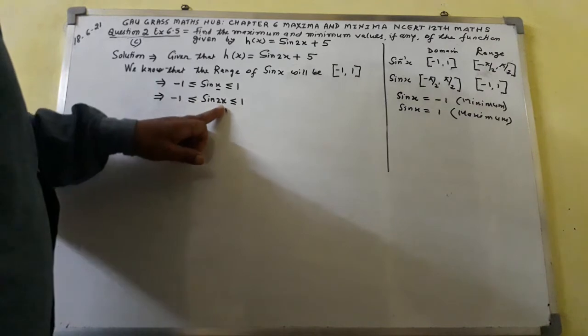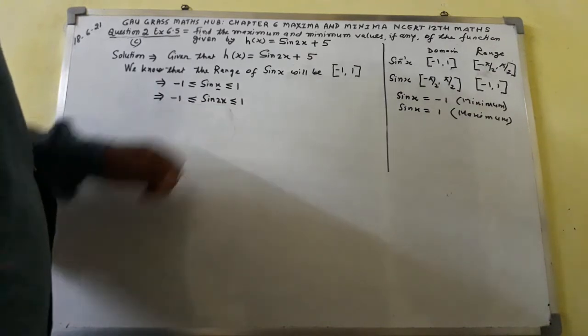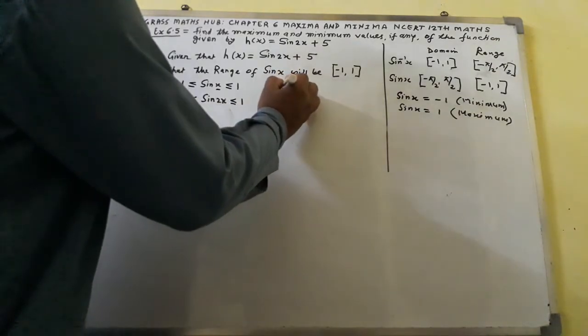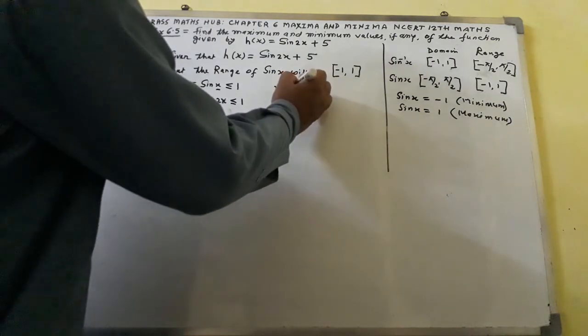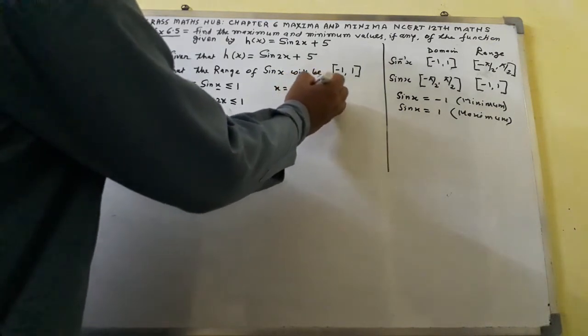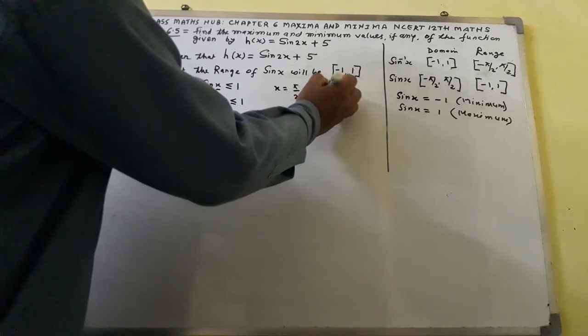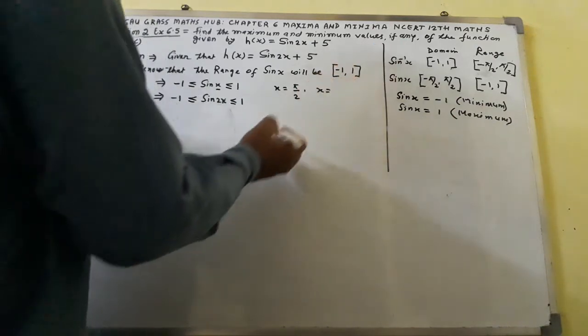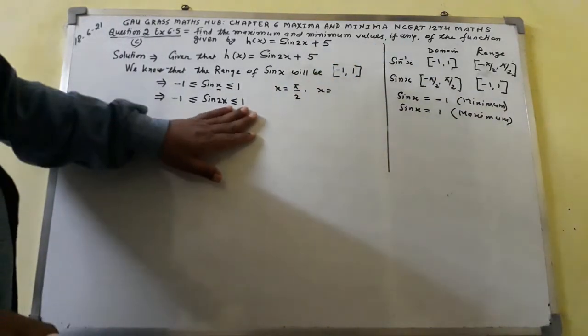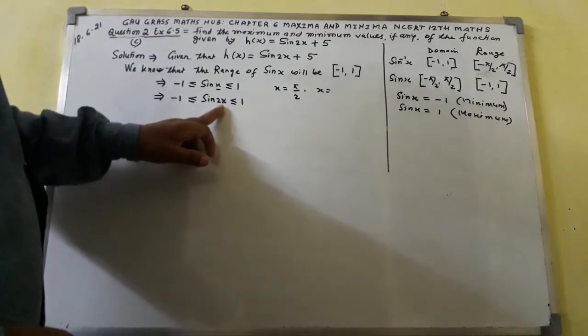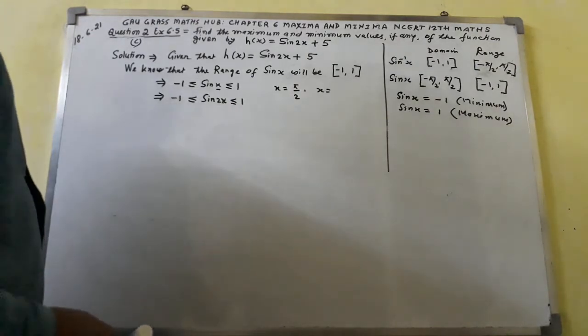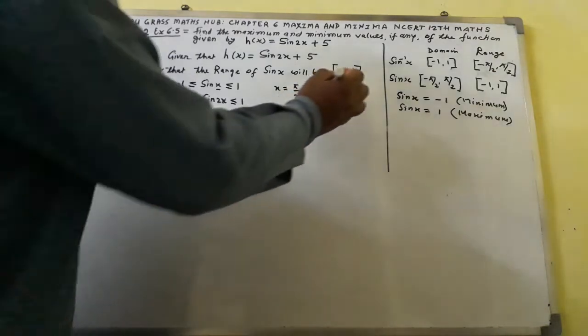The value of x can be pi by 2, that is 90 degrees, or x equal to 0.